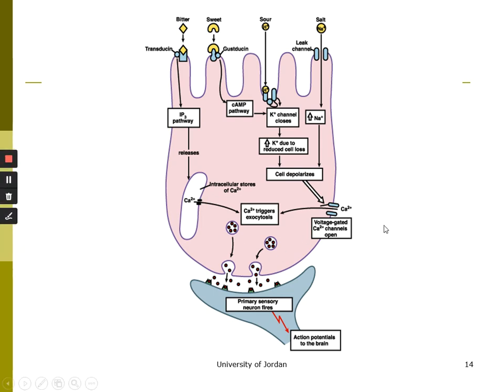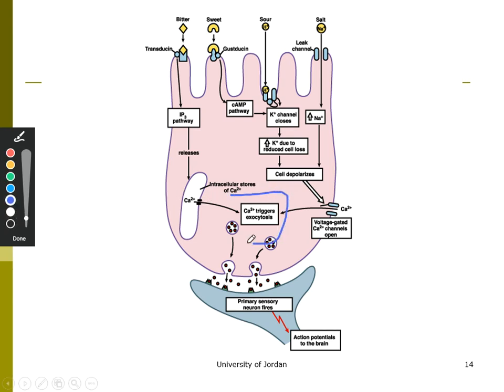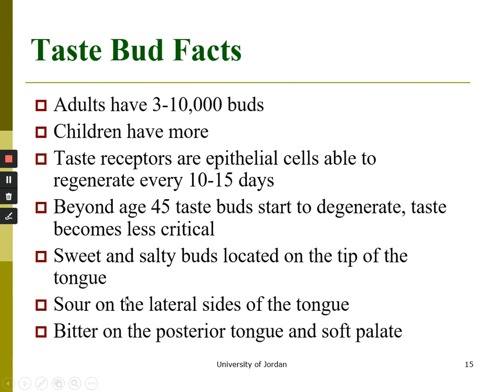So as you see, the common mechanism for all of them is an increase in intracellular calcium. The increase in intracellular calcium causes the release of neurotransmitter from the vesicles by different mechanisms. So these are the taste substances.